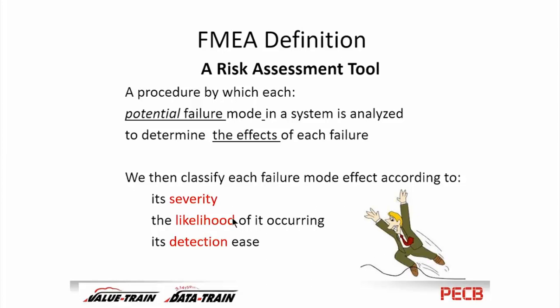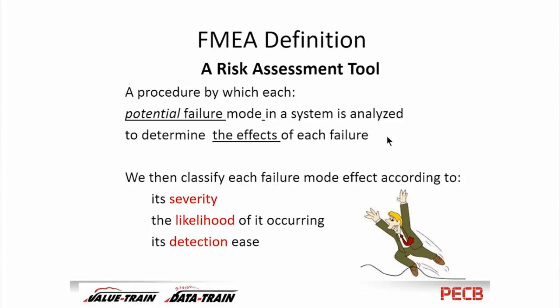I hope by the end of this you'll at least know enough to have a feeling for what it does and when you might want to use it. And there's lots of information about it on the internet and lots of good books about it. But what the tool does is it asks you to look at potential ways that something could fail, and then to look at the effects of the failures. So what would be the result if this failed?